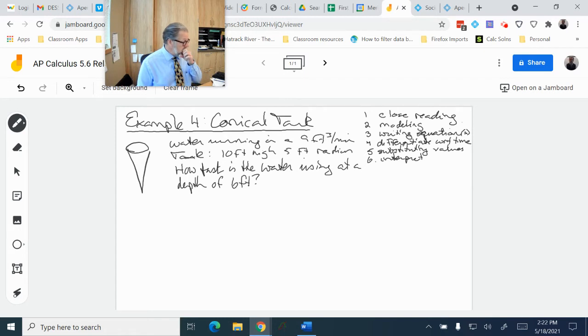So when I look at this, let's start by doing some modeling. First of all, water running in is a change in volume. So we could say that the change in volume with respect to time, and it's running in, so that's positive, is 9 cubic feet per minute.